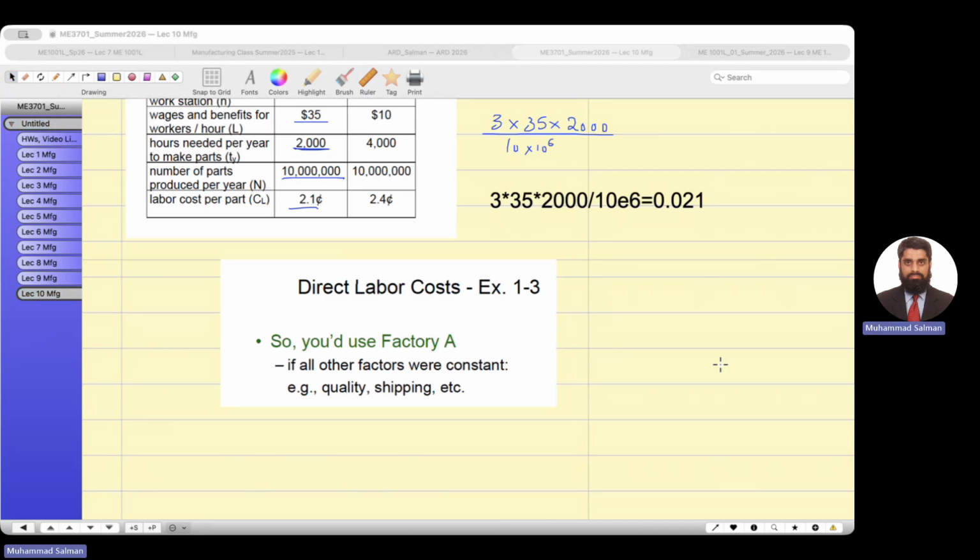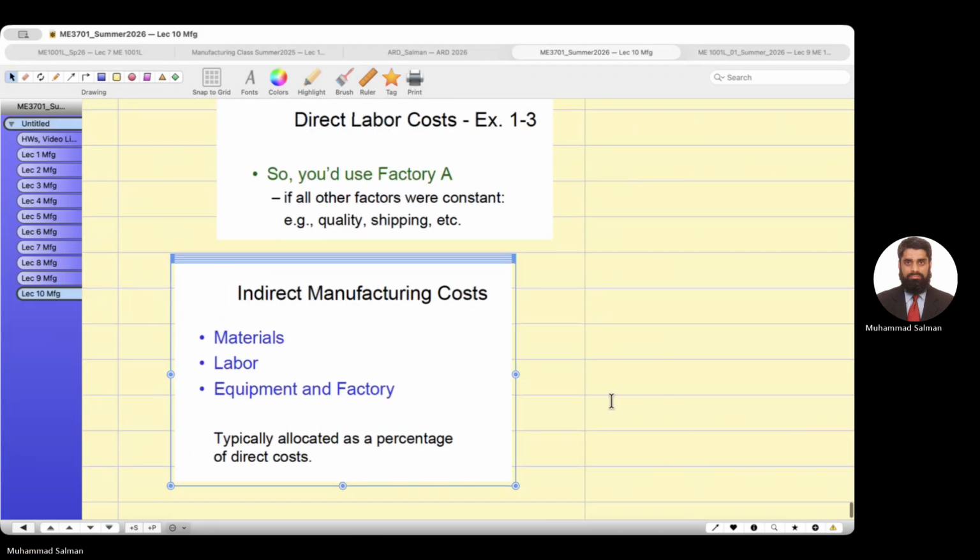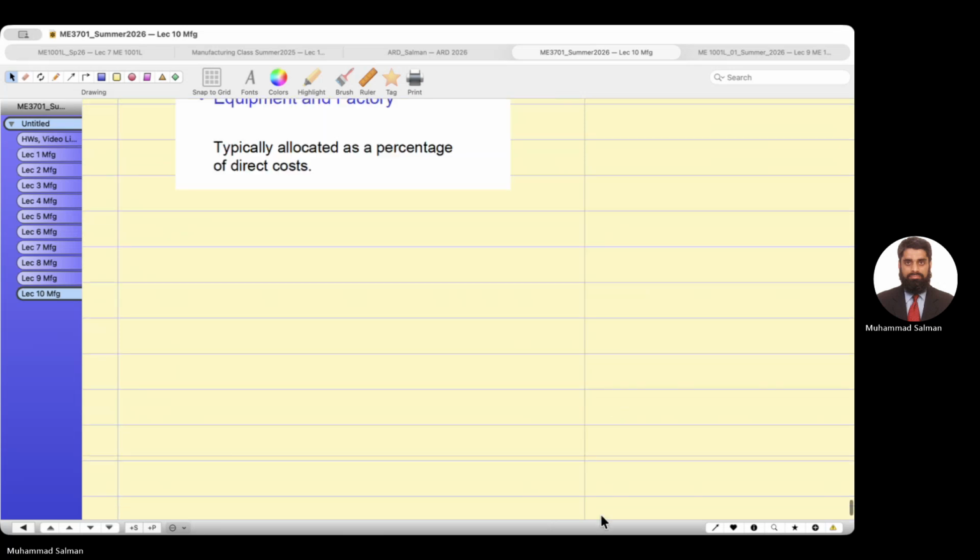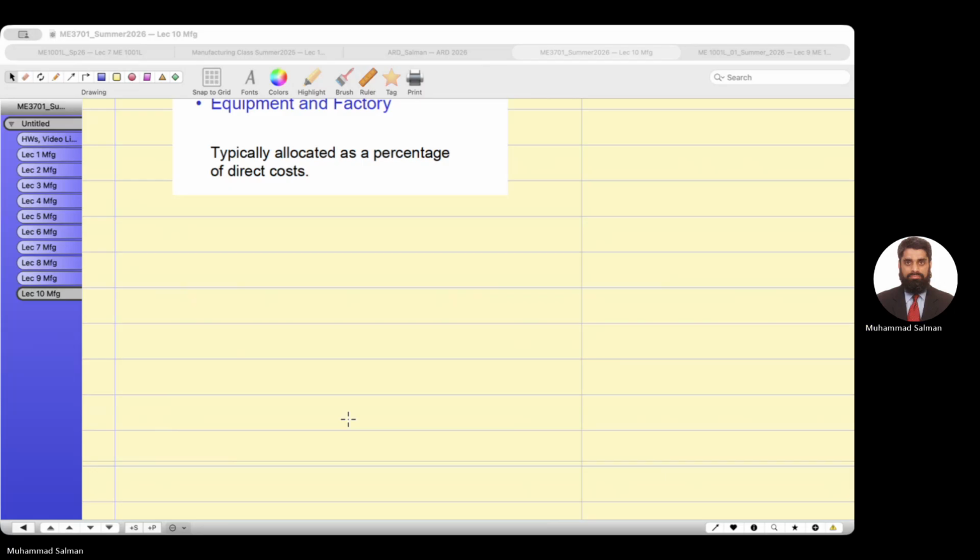So indirect manufacturing cost, let me show you this: packaging cost, testing, rent, indirect cost.